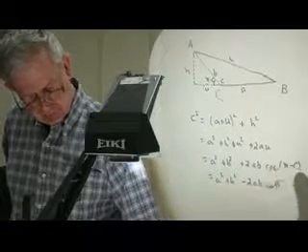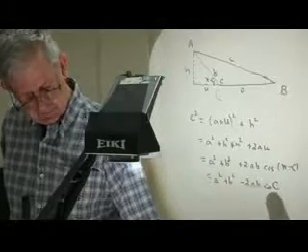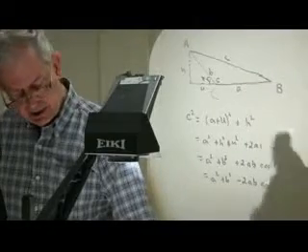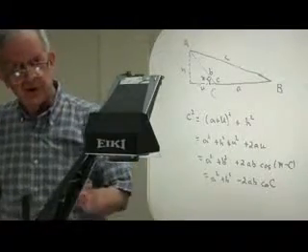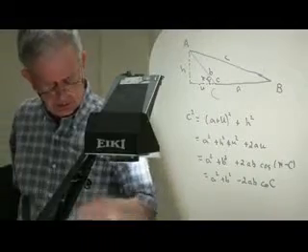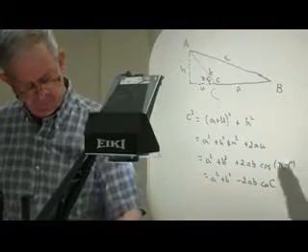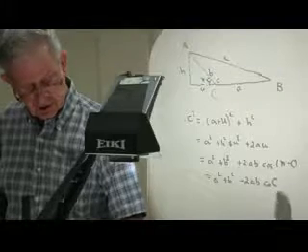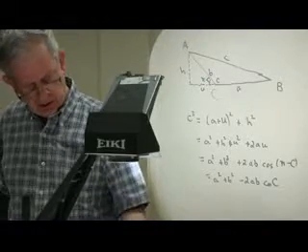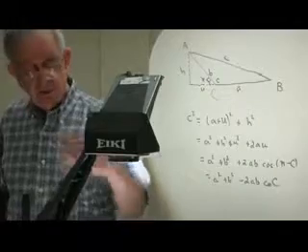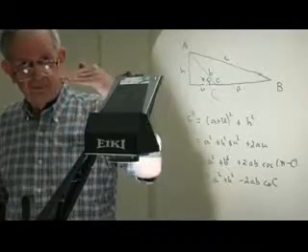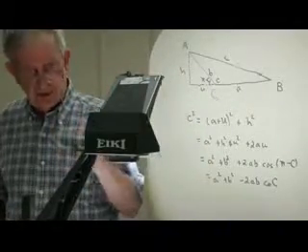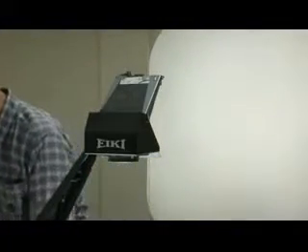And cosine of pi minus c we're going to define to be minus cosine of c. And that's when you get to the unit circle, and you see that sine of pi minus c is going to be the same thing as sine of c, but the cosine has the opposite sign, because the sine is up above the x-axis in the second quadrant, and the cosine is to the left of the axis.